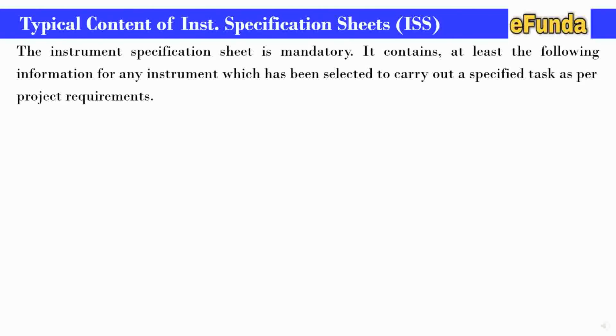Typical content of instrument specification sheets. The instrument specification sheet is mandatory. It contains at least the following information for any instrument which has been selected to carry out a specified task as per project requirement. General service conditions.